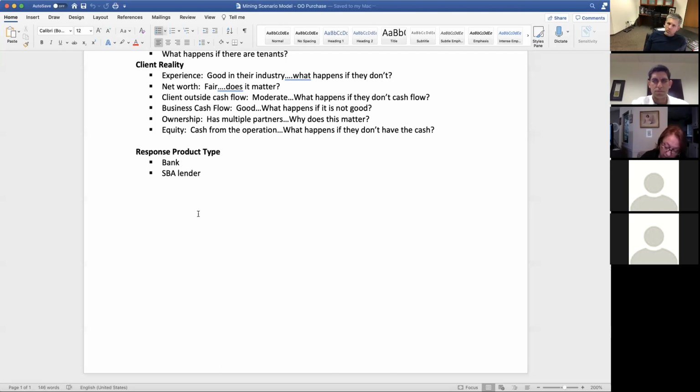It will be important to understand that you're going to collect financial information to know that. And so that'll be part of the reality discussion, if they have no outside income, or if they have a negative, so they don't have the capacity to do it. So you'll want to know that for sure.